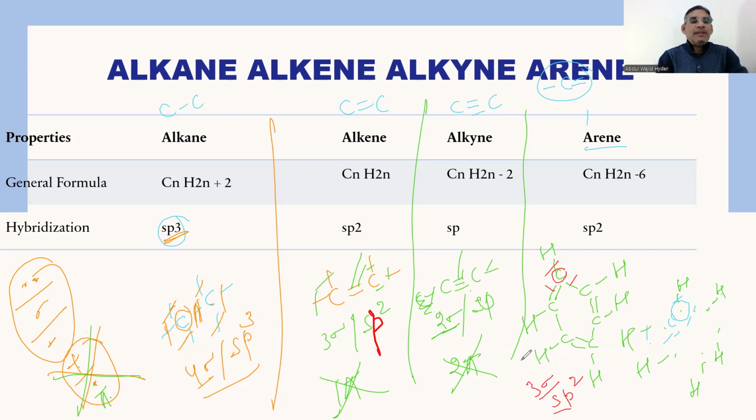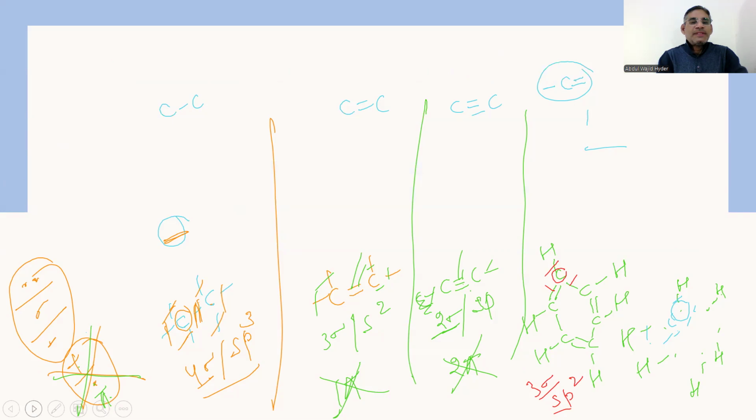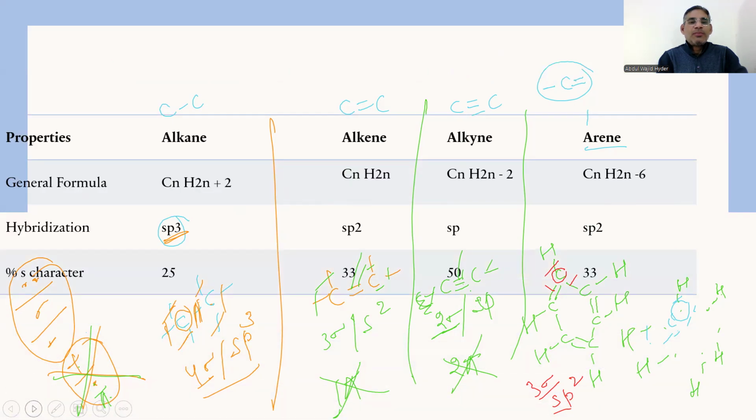In this way, we have discussed the general formula and the hybridization of alkane, alkene, alkyne and arene. Now see what the next property related to this is.